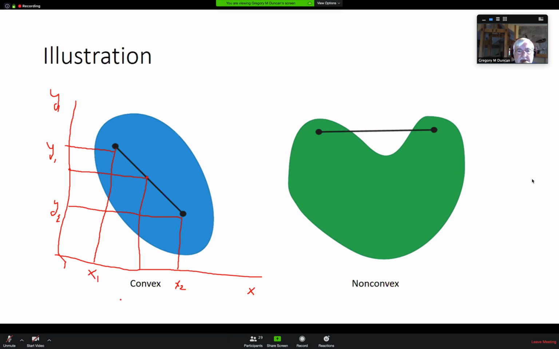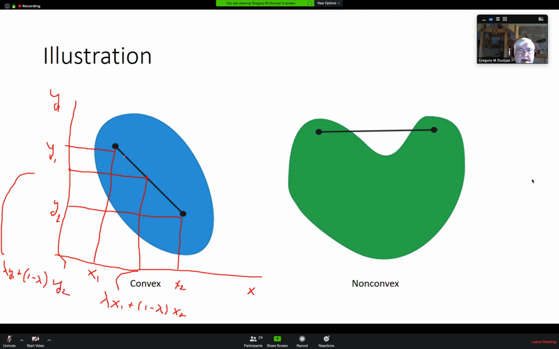So if this is lambda x1 plus 1 minus lambda x2, that is, let's say the lambda gives us that point, then this point is going to, with the same lambda, be lambda y1 plus 1 minus lambda y2.